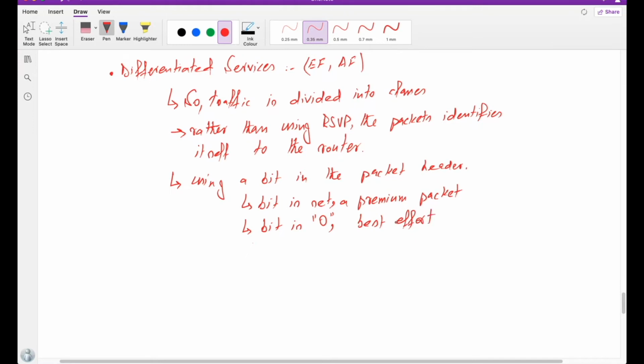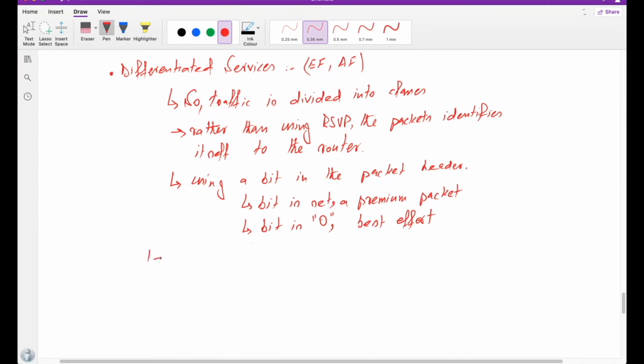Okay, so the next question is, in fact, we have two questions to answer here. Number one, who sets the premium bit and under what circumstances? Second, what does a router do differently when it sees a packet with the bit set? So there are two questions to discuss here.